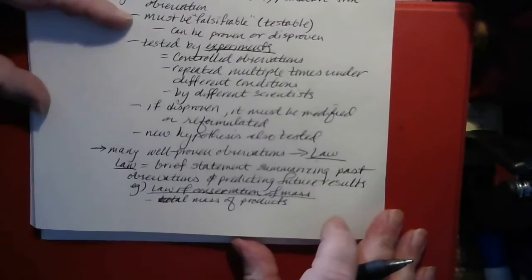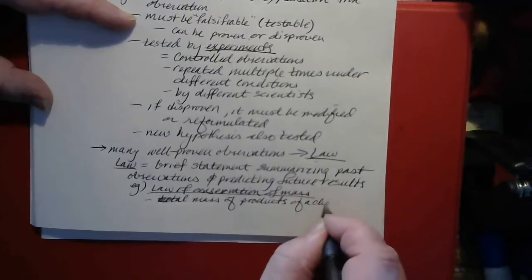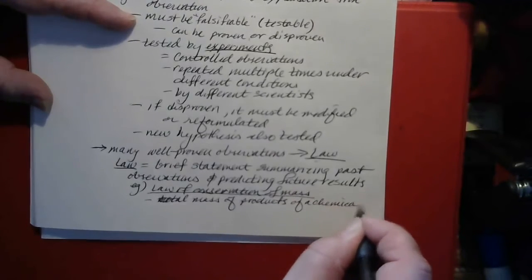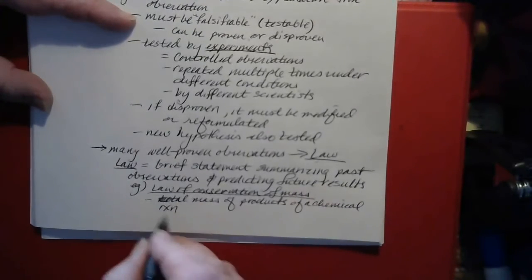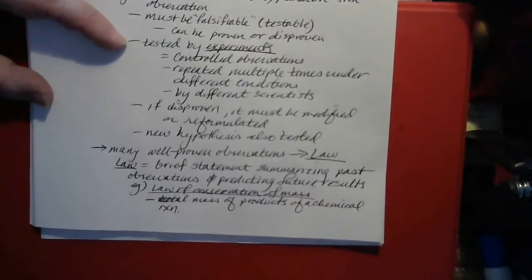And that again is the statement that the total mass of products of a chemical reaction, and RXN is an abbreviation for reaction. I use that quite often because it's a word I write a lot.